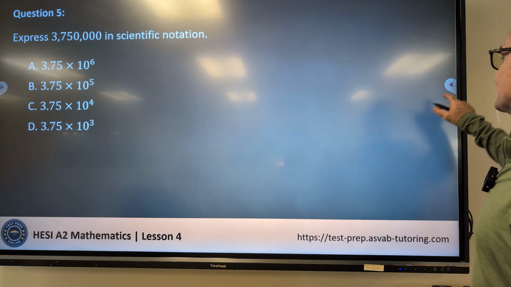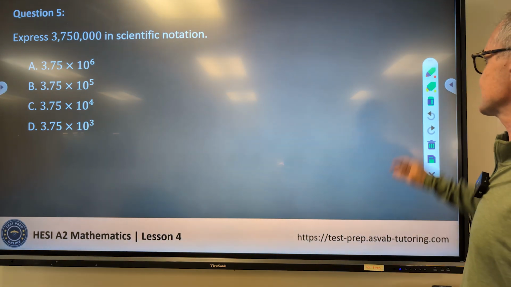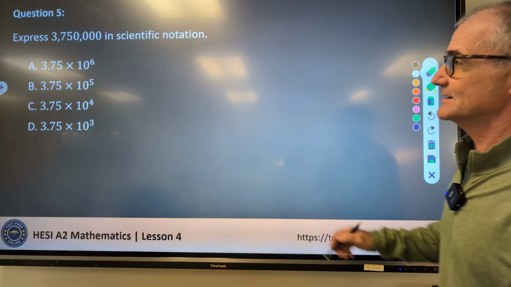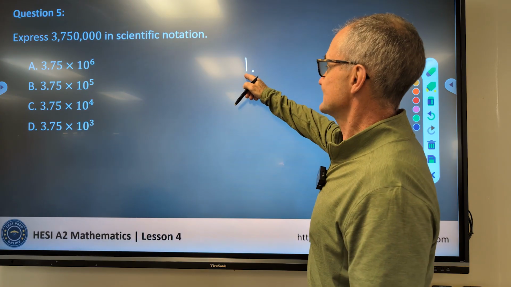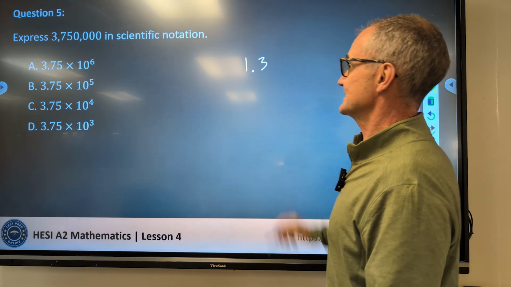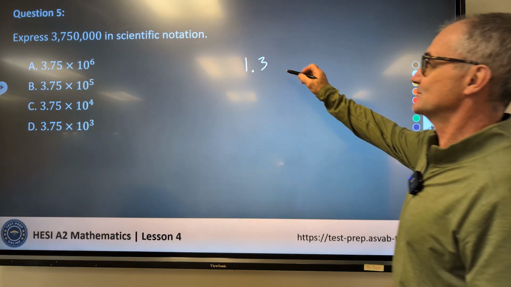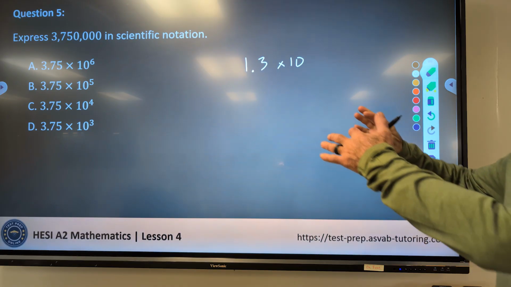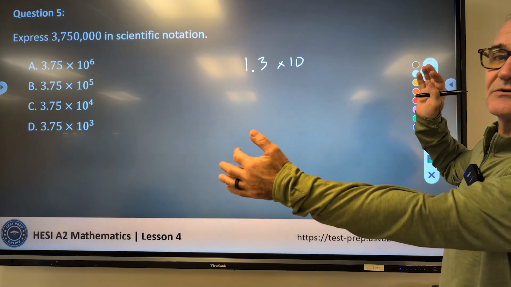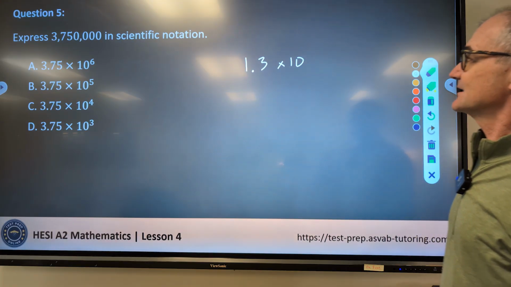Okay, and then number 5, we're moving into scientific notation. How scientific notation works is you take whatever number it is and you want a value between 1 and 10, and then you multiply it by 10 to some power. It's just the way you represent really large numbers or really small numbers, and the exponent is negative for small ones.